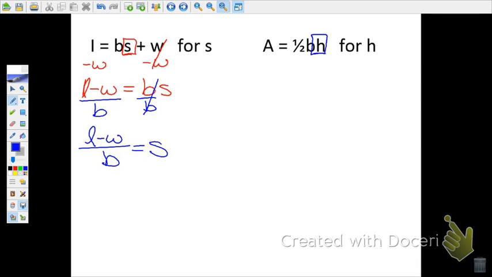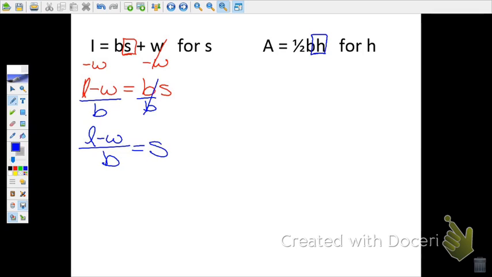How do I get rid of, you said divide by 1/2. How do we divide by fractions? No, it's a fraction. We're not changing it to a decimal. How do I divide by a fraction? Reciprocal. I multiply by the reciprocal.